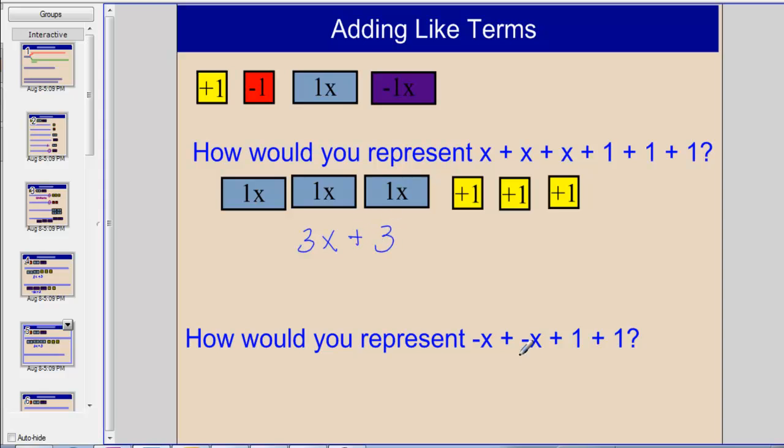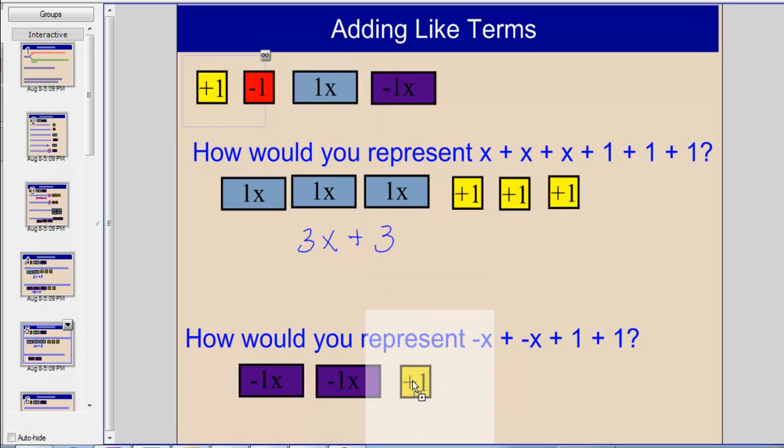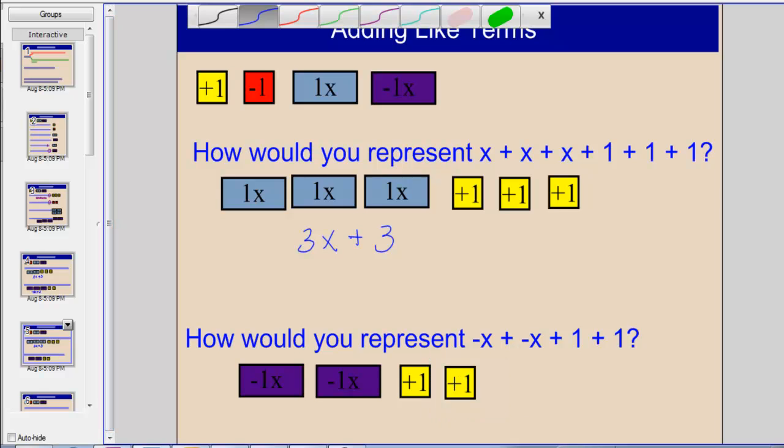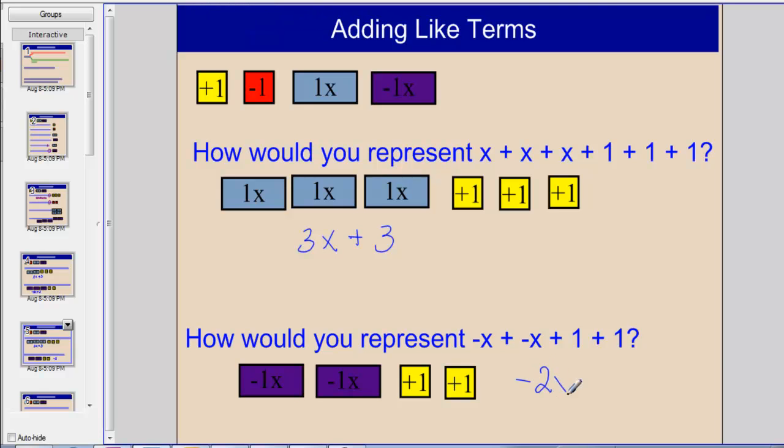The next one, we have 2 negative x's, so let's bring down 2 negative x's. And then we have 2 1s. And so what would that equal altogether? You thinking negative 2 x's plus 2? That would be correct.